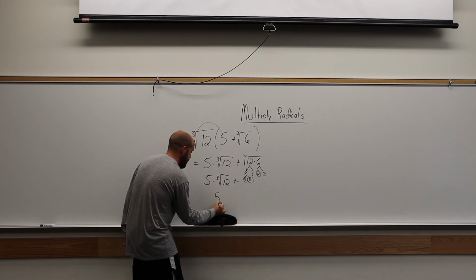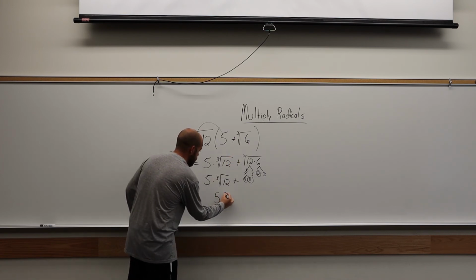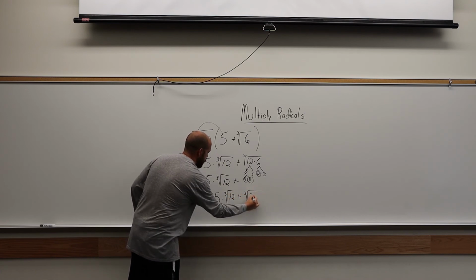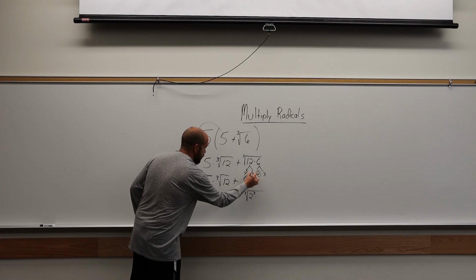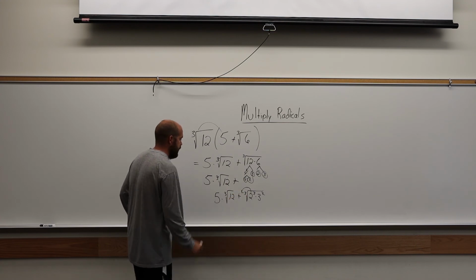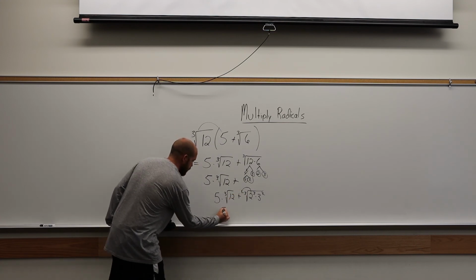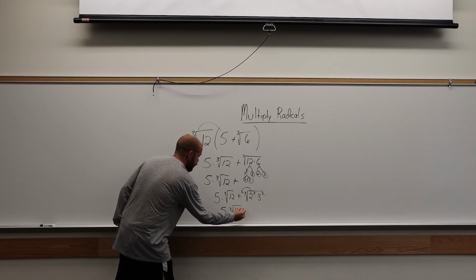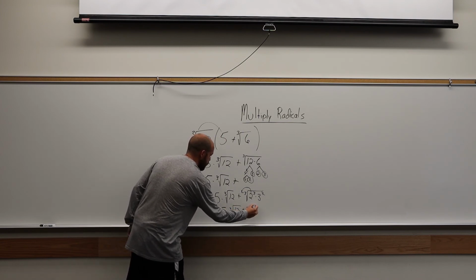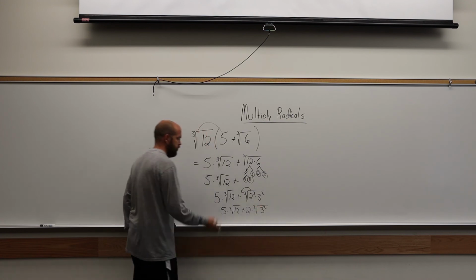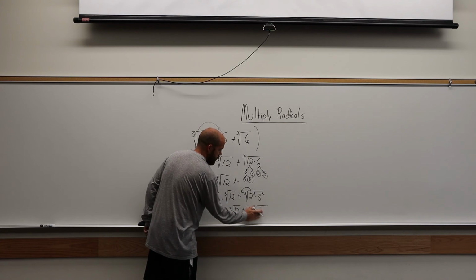So I've got 5 times the cubed root of 12 plus the cubed root of 2 to the 3rd power, and we said there's 3 squared. I have enough 2's, I can take a 2 out. So final answer, 5 times the cubed root of 12 plus 2 times the cubed root of 3 squared, which is 9. So I'm just changing that to a 9.